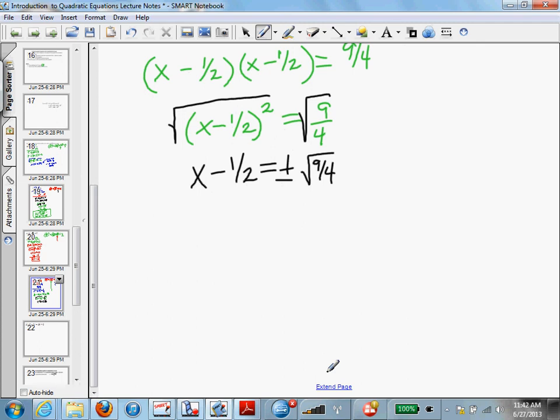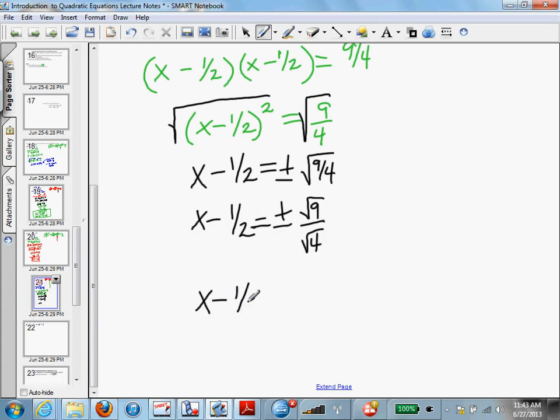Now you can think of breaking this into x minus 1/2 equaling plus or minus the square root of 9 over the square root of 4. We're going to break this fraction apart. When we do that, we have x minus 1/2 equals plus or minus our fraction: the square root of 9, which is 3, over the square root of 4, which is 2.